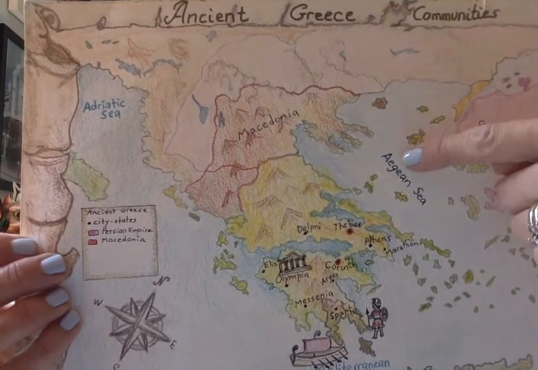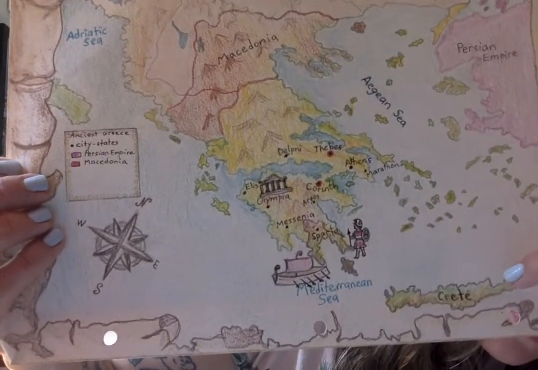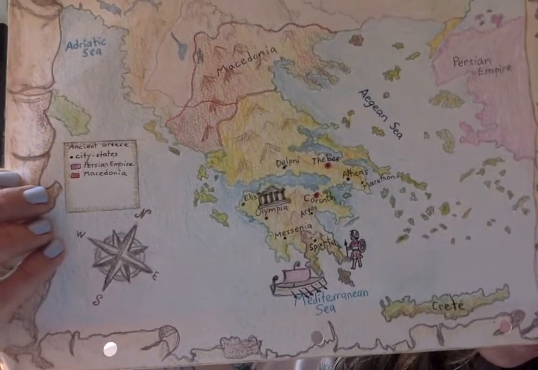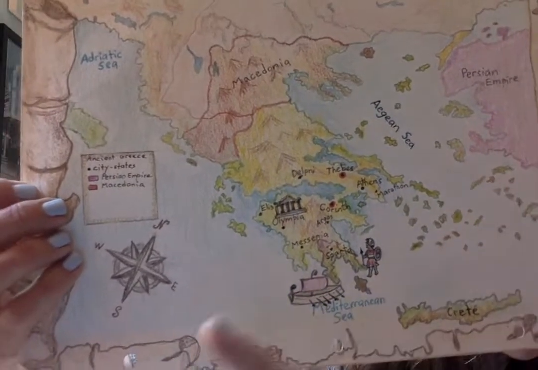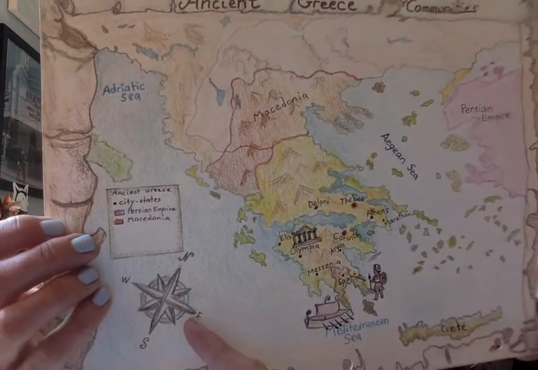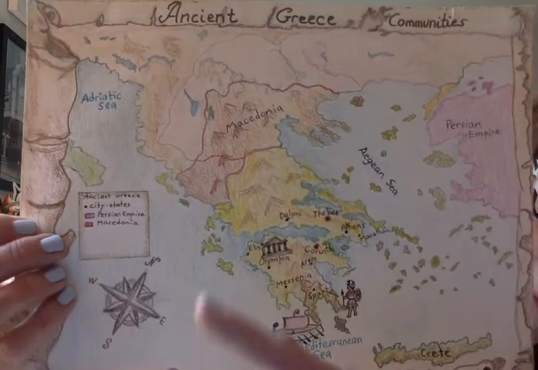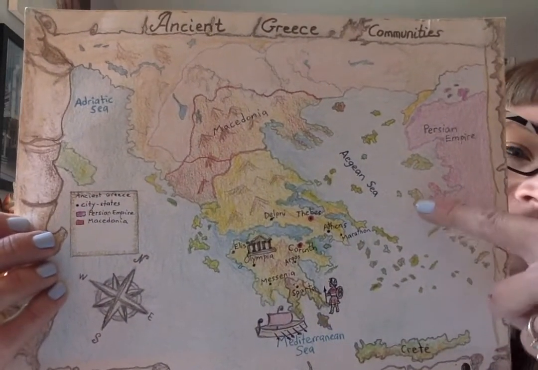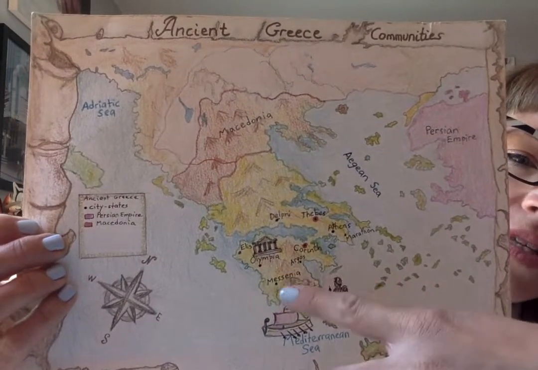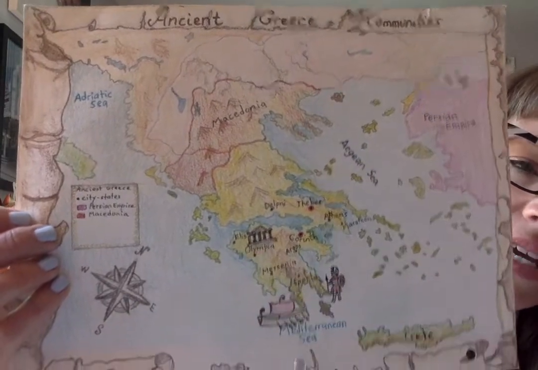We've got Macedonia. We have the area, this little part down here, Crete, that is part of ancient Greece. And then we've got our compass rose, and we have a key, and then we have some of the seas labeled, as well as the city-states in here. That's kind of what we're looking for on the maps. Again, it was backwards, so sorry.